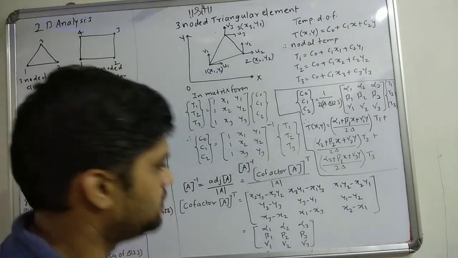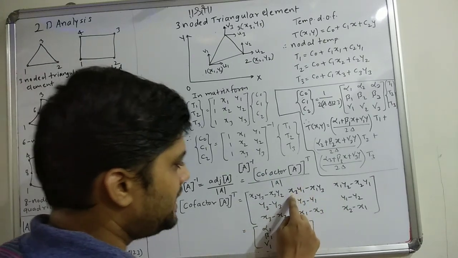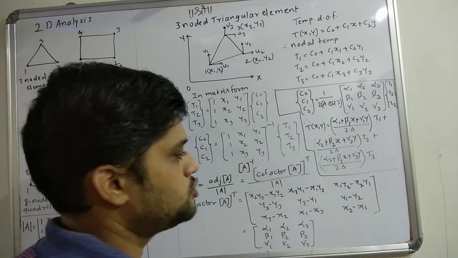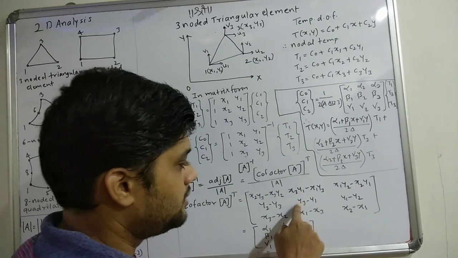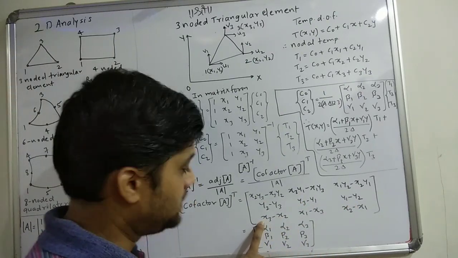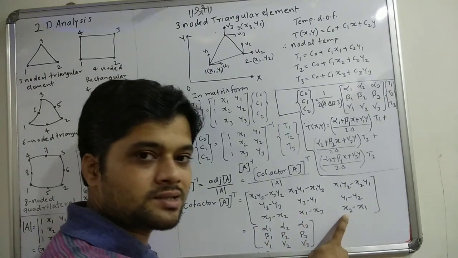So the first row is x2 y3 minus x3 y2, x3 y1 minus x1 y3, and x1 y2 minus x2 y1. Similarly, the second row is y2 minus y3, y3 minus y1, y1 minus y2, and the third row is x3 minus x2, x1 minus x3, and x2 minus x1.